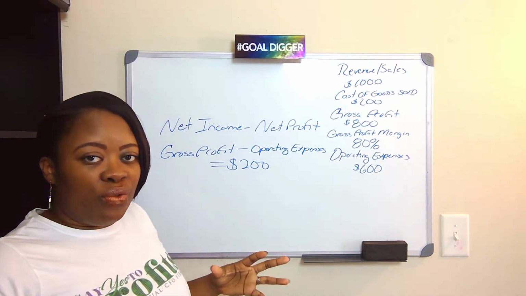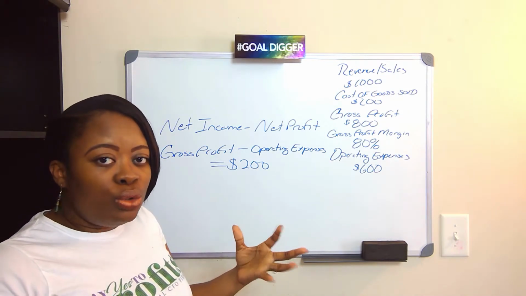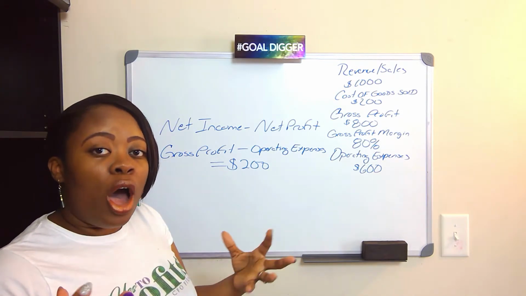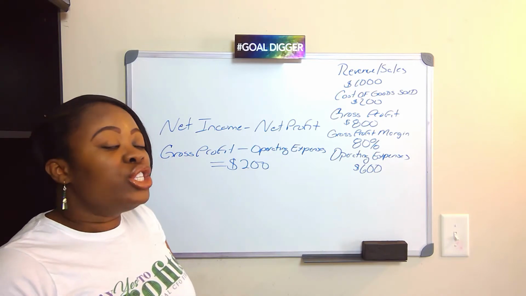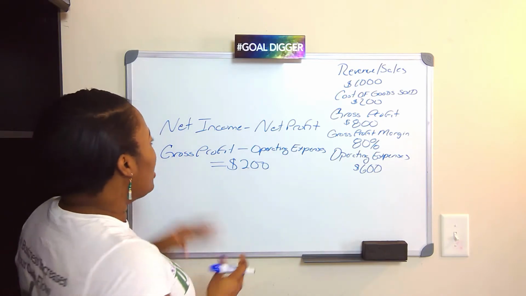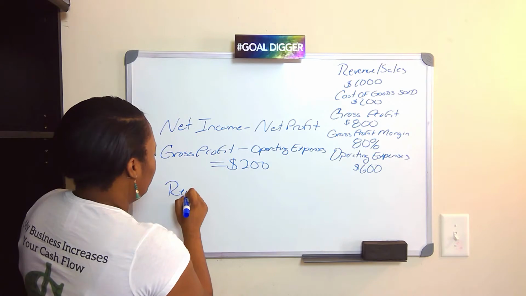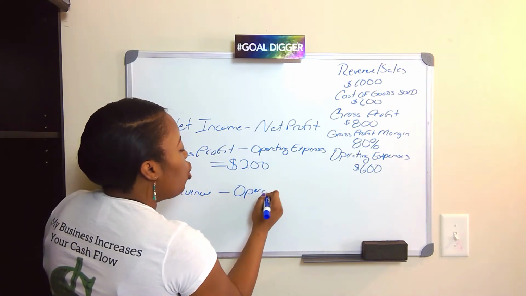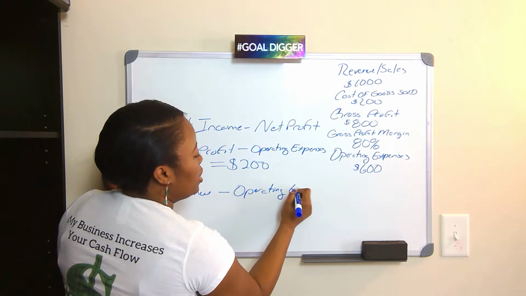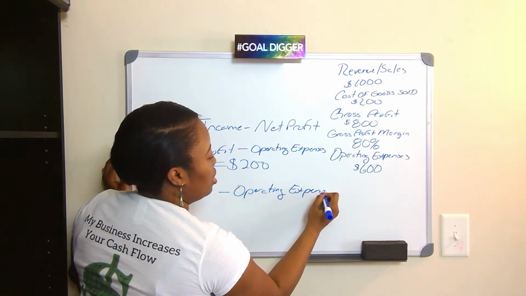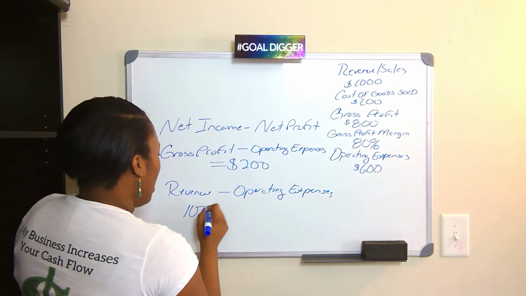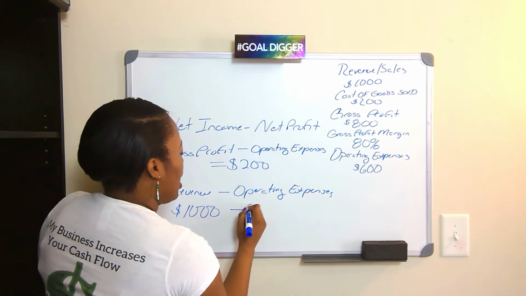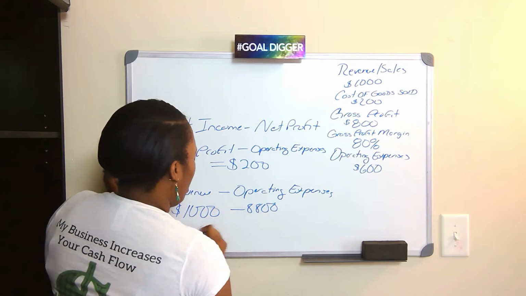But let's say for your company, you do not have any cost of goods sold. So in that case, you're going to take your revenue minus your total operating expenses, which is going to be $1,000 minus $800.